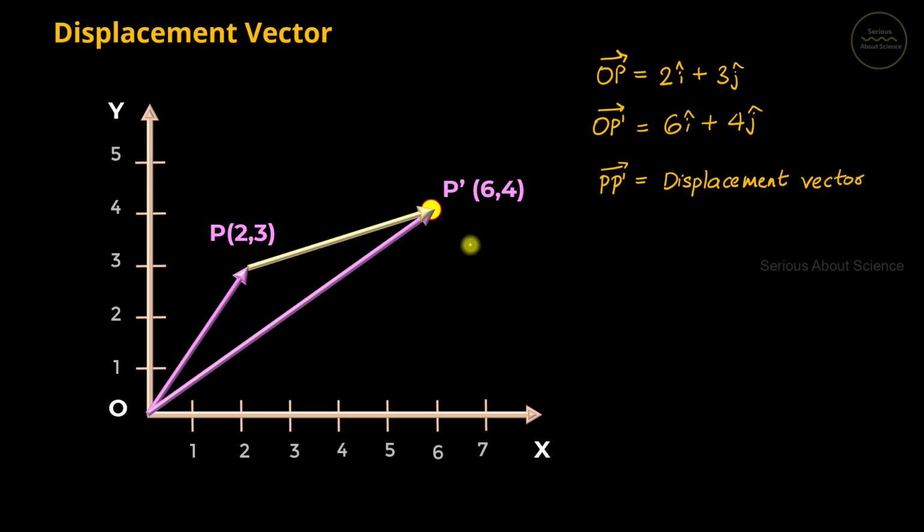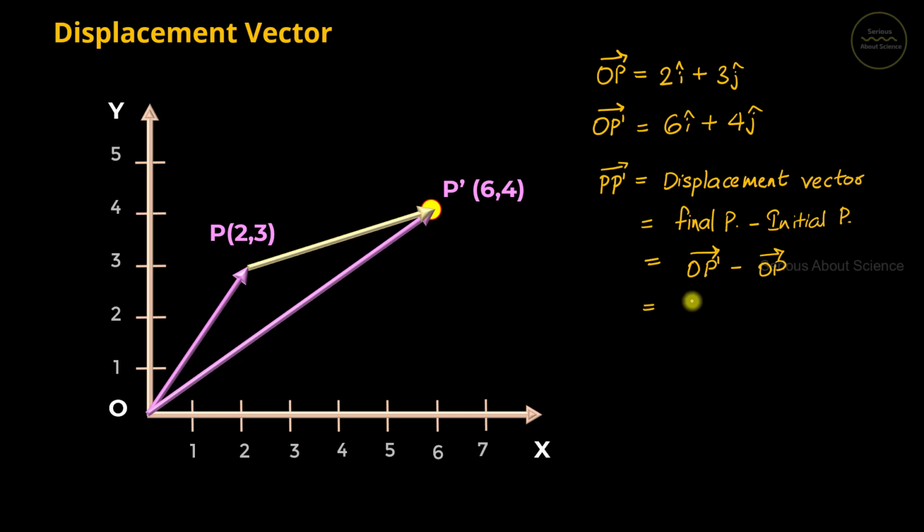It can take any infinite number of paths between these 2 points. But the final answer only depends on the initial and final point. And mathematically it is given by the final position minus the initial position. So here the final position vector is given by vector OP dash minus the initial position, denoted by vector OP.